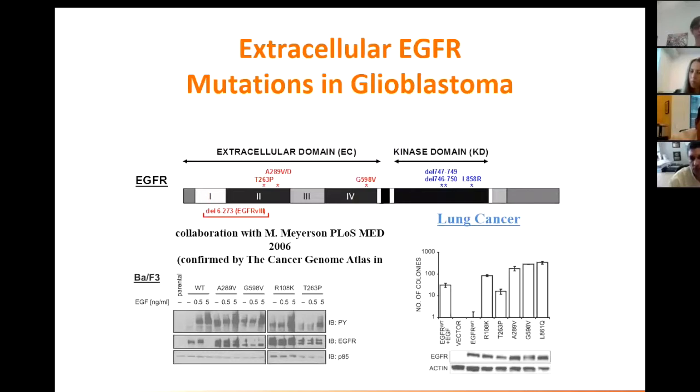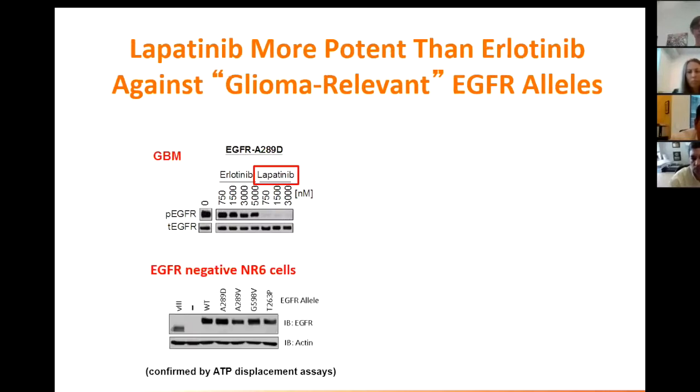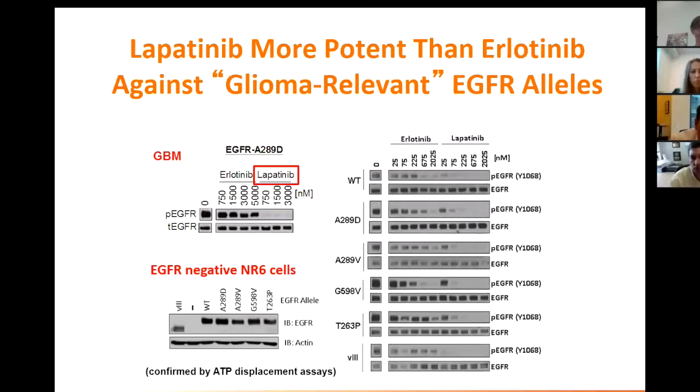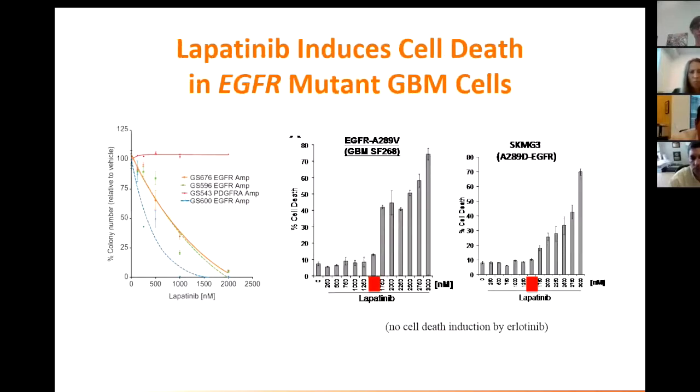And again, completely different from the lung cancer mutations in the EGF receptor. And this is a differential drug response that I mentioned earlier, where you can see that the glioblastoma cells with EGFR mutation clearly do require EGFR for survival, even though we haven't really leveraged this successfully in the clinic.